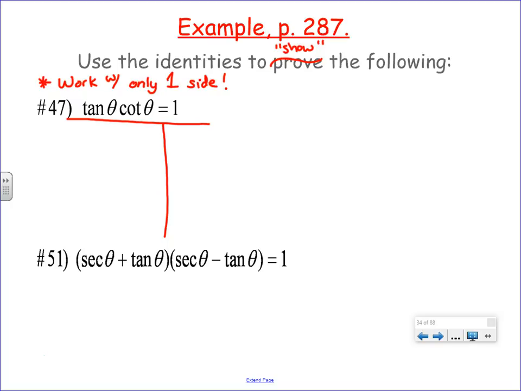Like 1, well, 1 could come from 5 over 5. 1 could come from 100 minus 99. 1 could come from sine squared plus cosine squared. 1 could come from all sorts of different things. I don't want to play with 1. I want to play with tangent beta times cotangent beta.